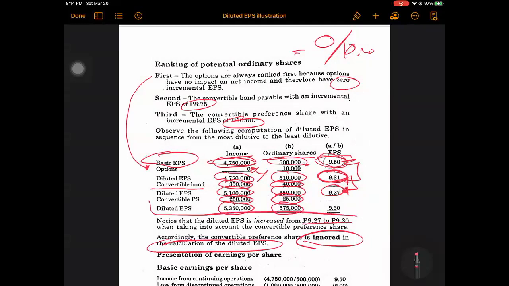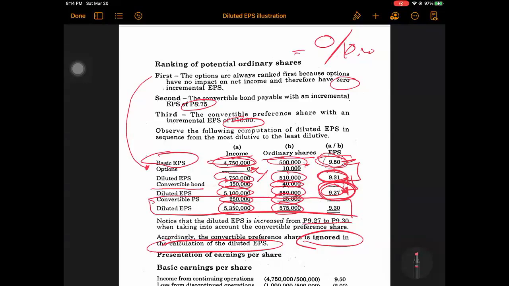Sir, question, if that's the problem, pilay answer, sir? Pilay diluted earnings per share? The answer is 9.27. Dili 9.30. Again, di ba, dilutive dapat siya. So i-dilute niya ang 9.27 nga base amount. Instead nga i-decrease, gitaas niya sa 0.03.